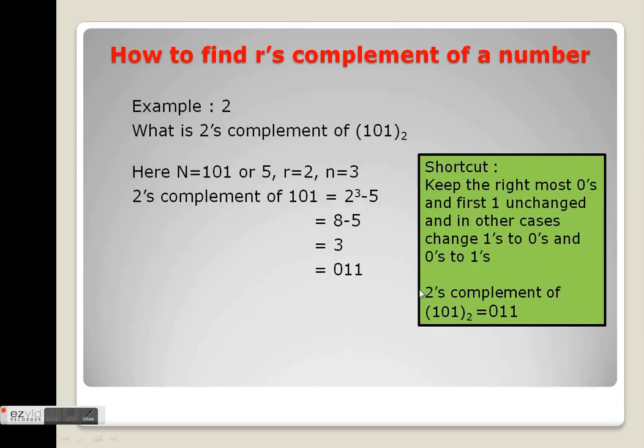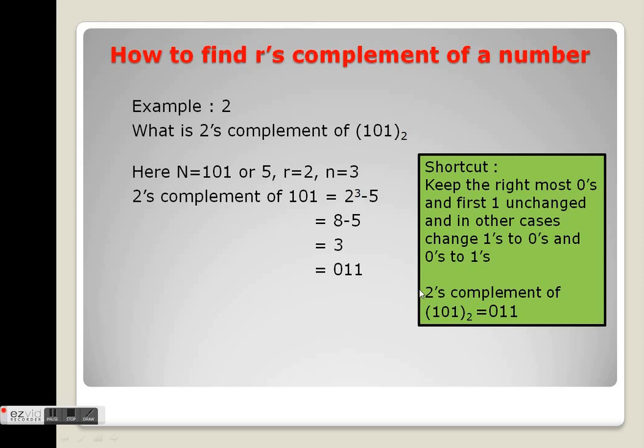Students, let's now take another example. In this case, we want to find the 2's complement of 101. In this case, N is 101, which is equal to 5 in decimal, the value of r is 2, which represents the binary base, and the value of n is 3, which is equal to the number of digits in this number.